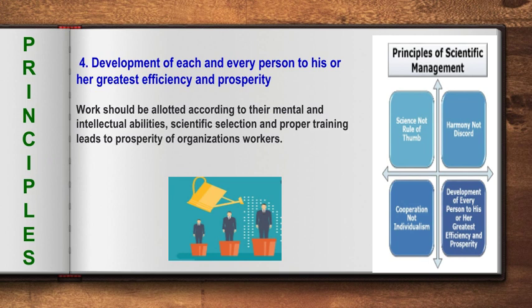Furthermore, training and development boost the workforce's competency, abilities, and learning. It is definitely advantageous to both the company and the employees if the employees are trained properly to do their jobs. This brings us to the end of the principles of scientific management.